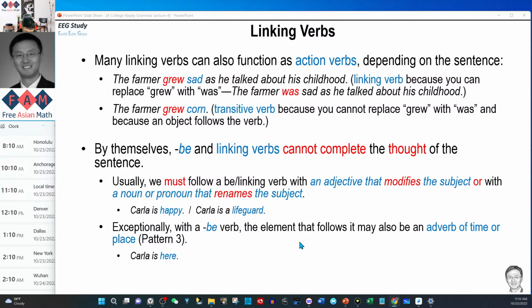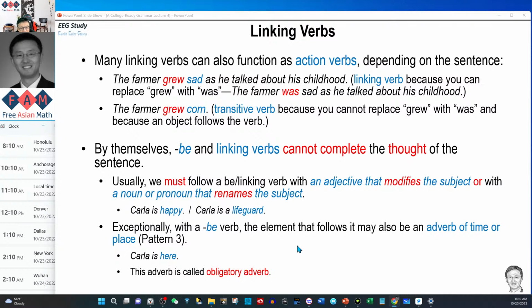Another example is: the color is here. Here is an adverb. Here is not another name for color. Here is not a property or a way to characterize color. Okay. So in this case, this adverb is called an obligatory adverb, meaning that this adverb is actually necessary.